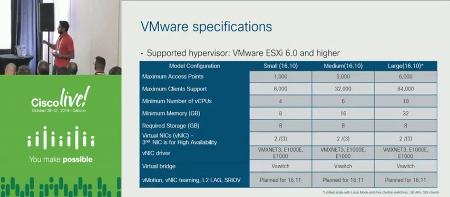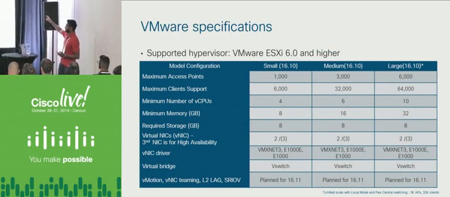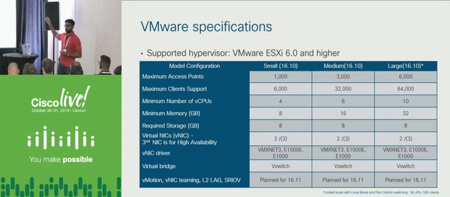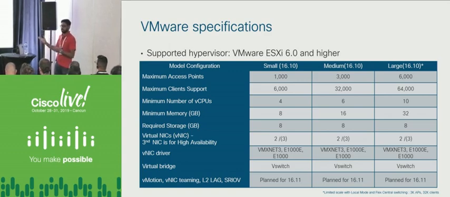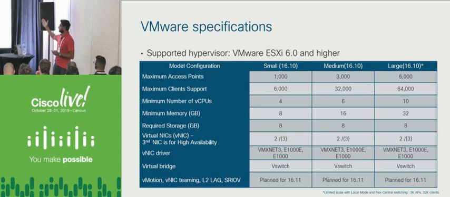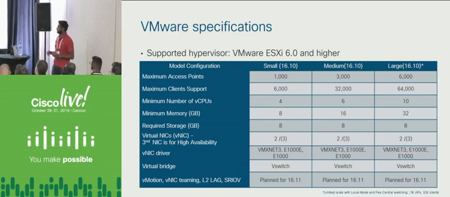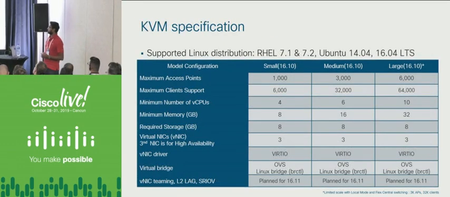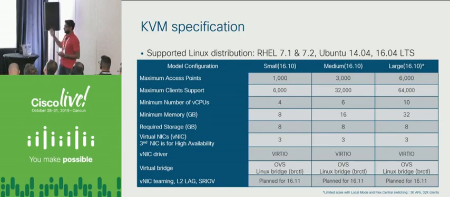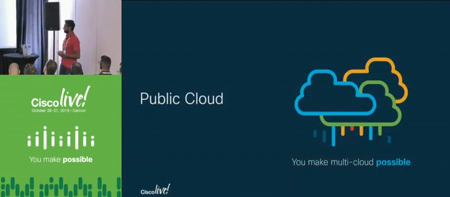And from a VMware ESXi standpoint, you have three modes of deployment: small, medium, or large. If you look at the large, up to 6,000 access points, which is what your 9880, the highest-end appliance, offers. So literally matching parity with your appliances within the hypervisor scale. And same thing for your KVM. Same OS experience, but different models available.